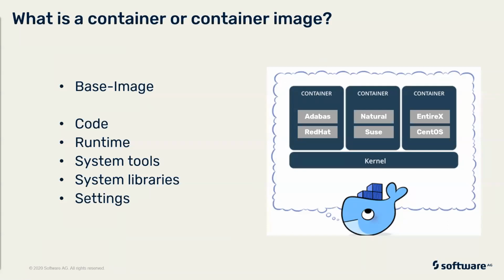We have the code, the runtime, the system tools, the libraries, and the settings. And everything is based on a base image. That doesn't mean that there are any processes of the operating system running, but the base image gives you all the binaries that you need for the functionality that you expect from an operating system like Linux. And we see this on the right-hand side.